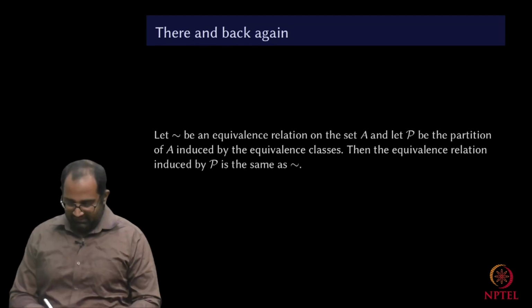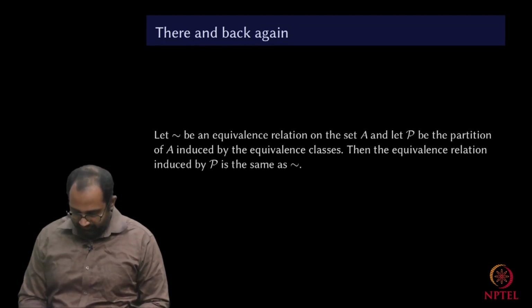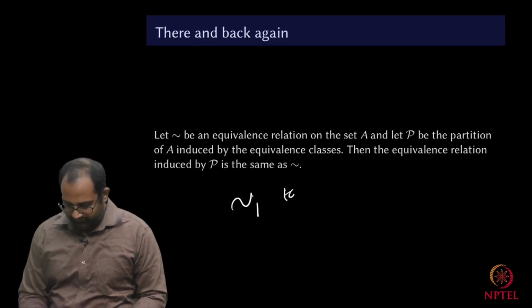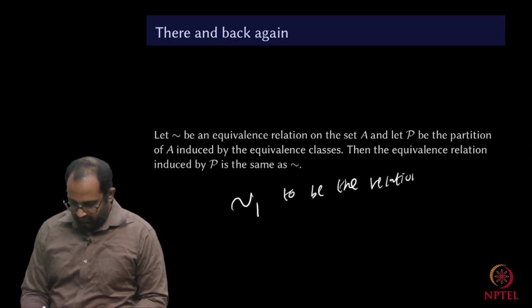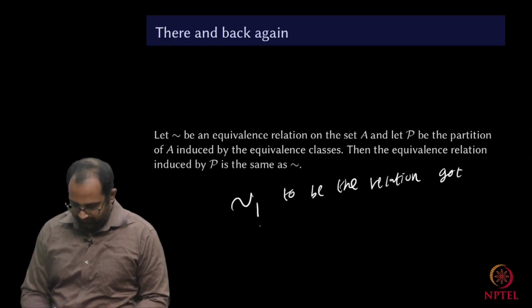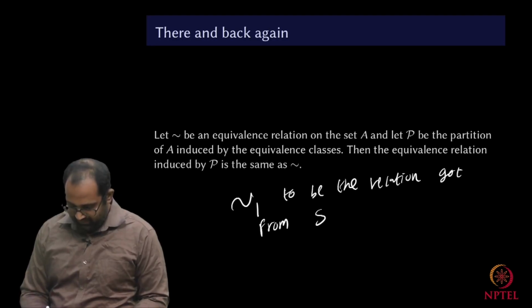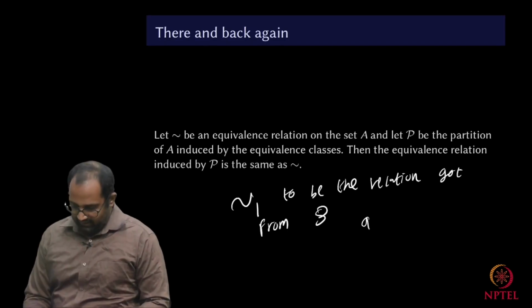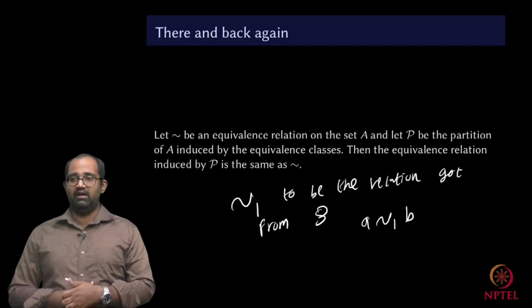Okay. So, let's call tilde 1 the relation got from this family P, this partition P. Then when is A related to B via this tilde 1?